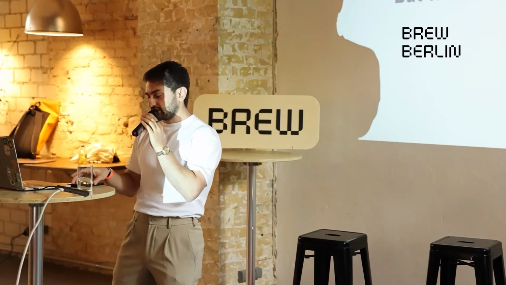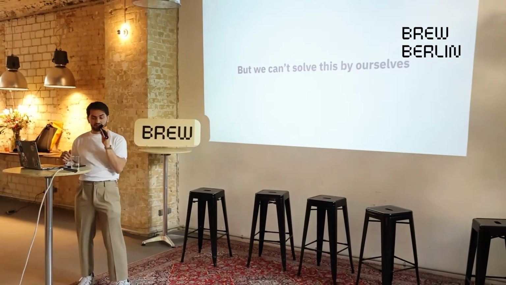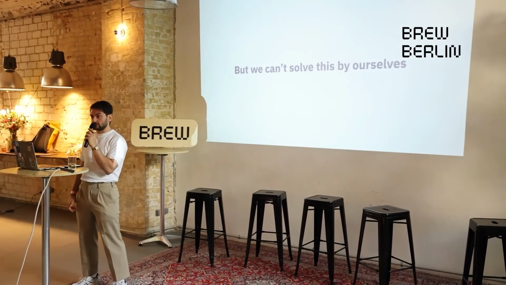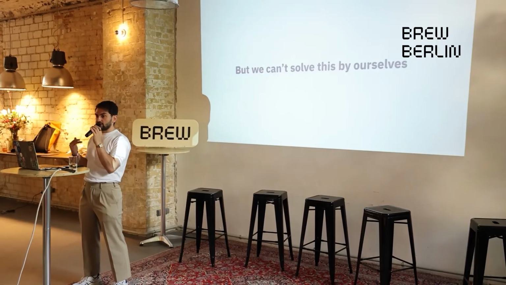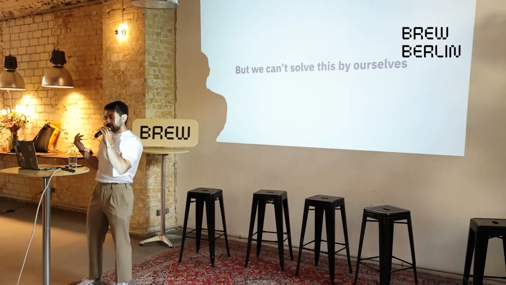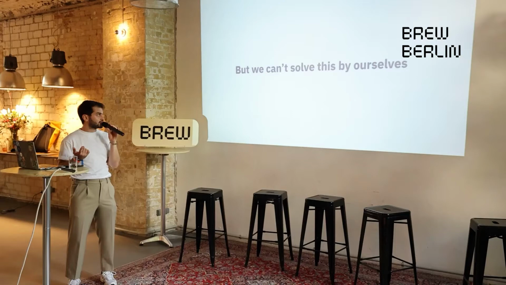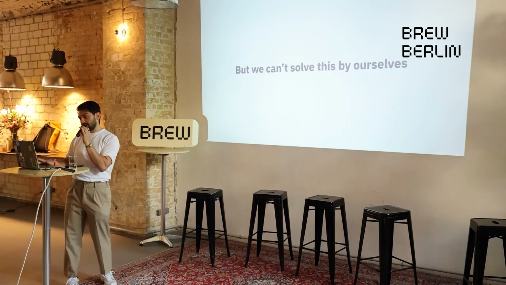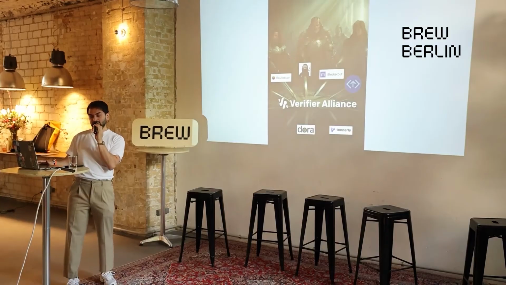But this is not an easy task, because essentially what we are trying to do is to change the user behavior, and the current behavior is just defaulted to Etherscan. And to overcome this, we need to join forces with other players, and that's what we did.